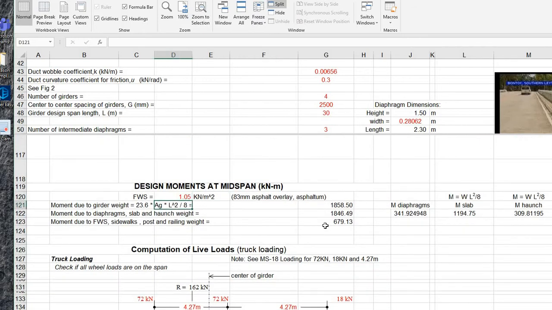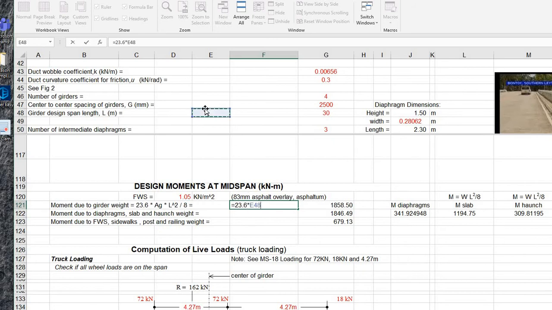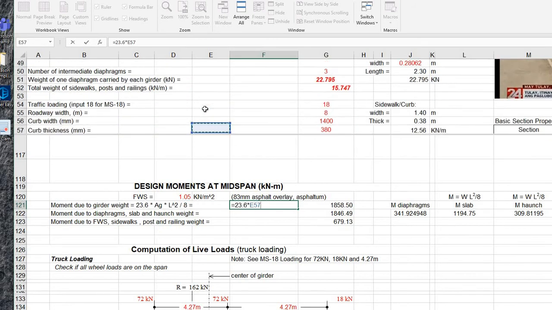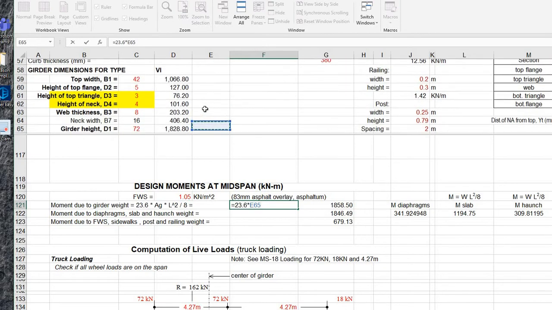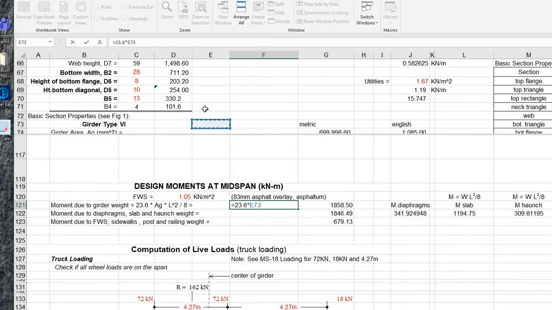Tapos, itong W natin would be the area gross multiplied by the unit weight of concrete. Okay, so let me show you. So, 23.6 multiplied by the area gross. Dito natin yan kukunin sa gross or basic section properties.